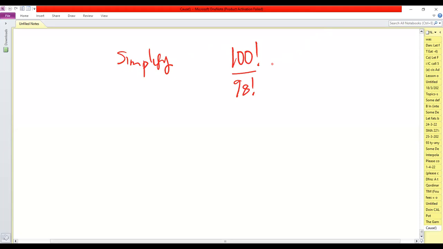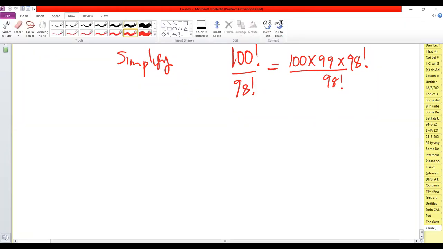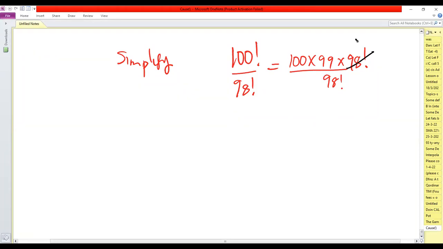You simply write it as 100 times 99 times 98 factorial, divided by 98 factorial, so that 98 factorial cancels out, and the answer becomes 99 times 100.